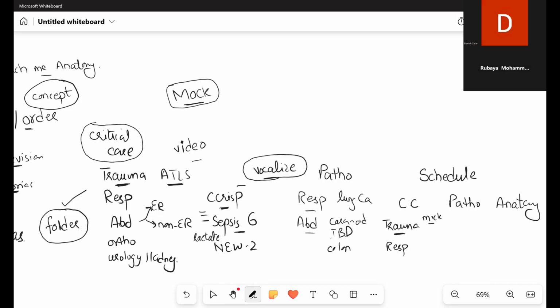Similarly for pathology, I have divided it into different sections. You will see that there will be relevant questions among those topics which I have collected under one chapter. That will be very easy for you to go through, because in the Sala notes they are in a different sequence.